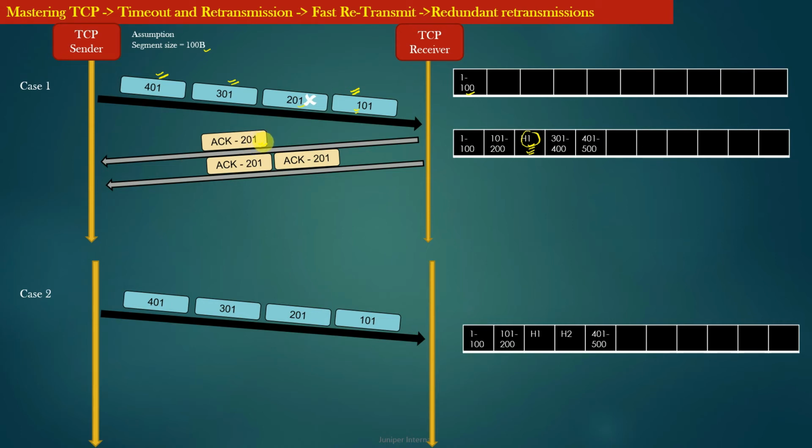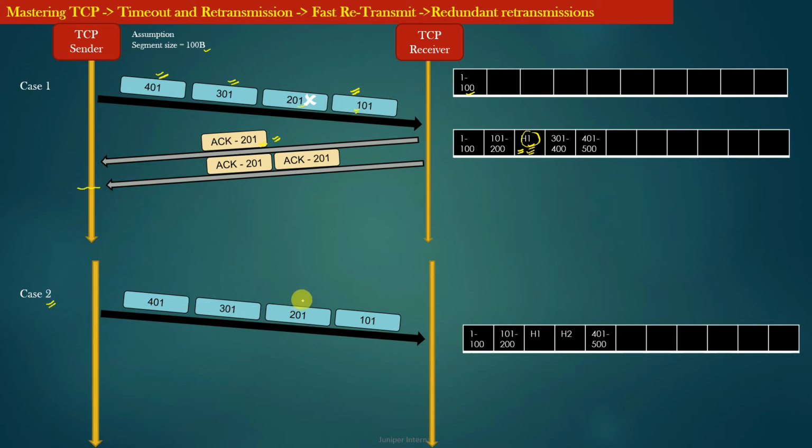We already know TCP does not like holes in its receiver, and the receiver always tries to fill the holes first. So, to fill this hole, the TCP receiver issues an acknowledgement with acknowledgement number 201 in response to every data segment it receives from the TCP sender. At this point, the TCP sender has received 3 duplicate ACKs with acknowledgement number 201.